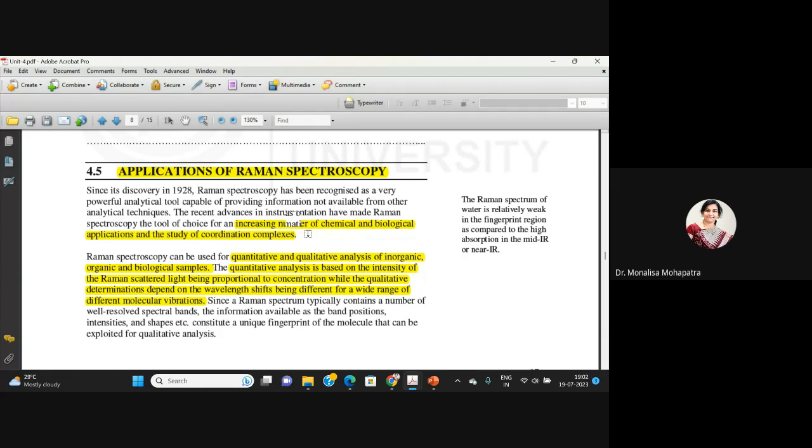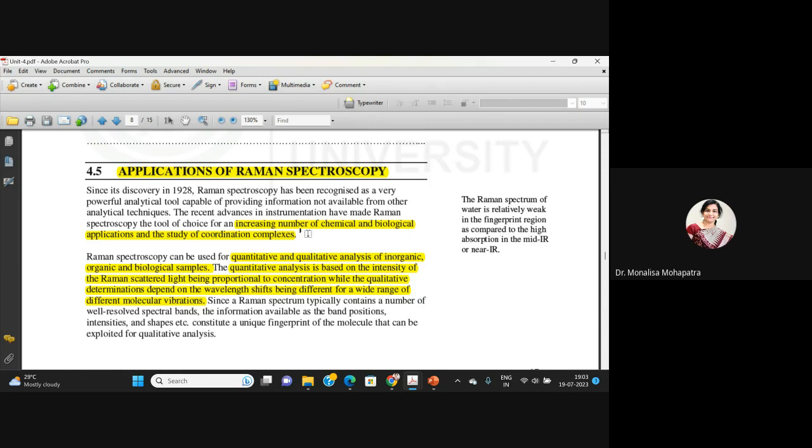Before, Raman spectroscopy was not that immersive a spectroscopic tool to be studied. The standard spectroscopic tool which normally people use is UV-visible. Then people go for IR and NMR for structural elucidation. Mass also we use for structural elucidation. But Raman spectroscopy was not a tool of choice earlier.